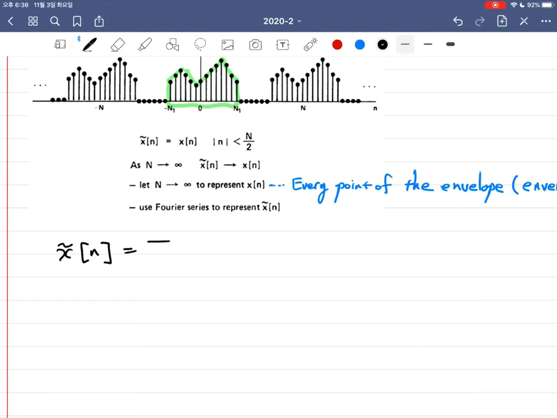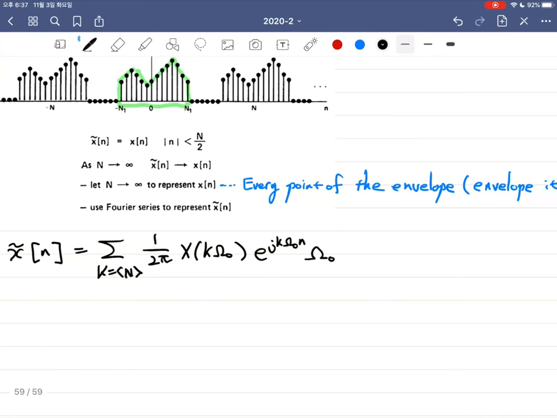So x tilde is the summation over one period of 1 over 2 pi times large X of k omega 0, e to the j k omega 0 n, times omega 0.